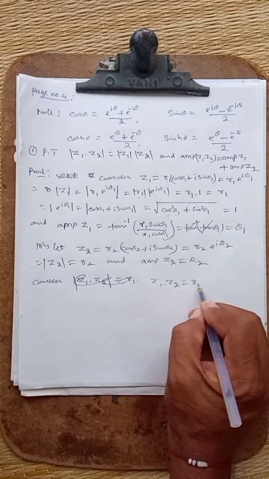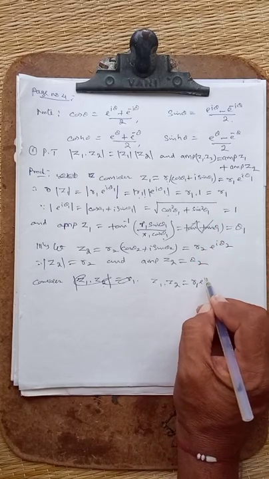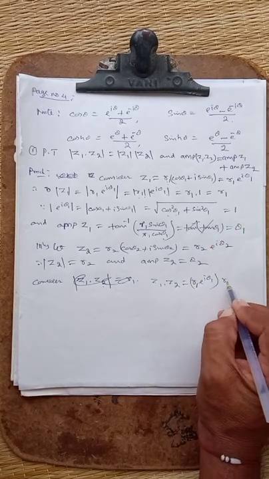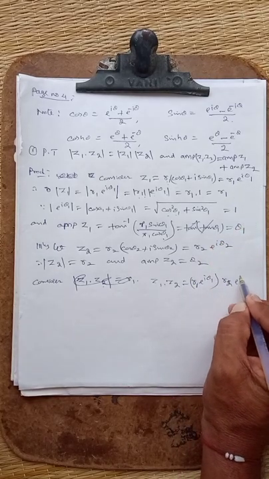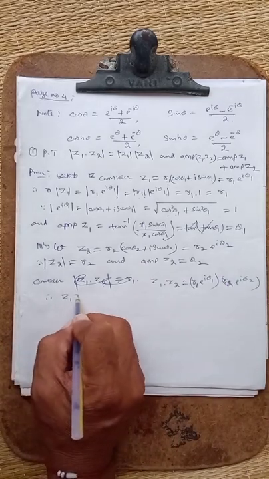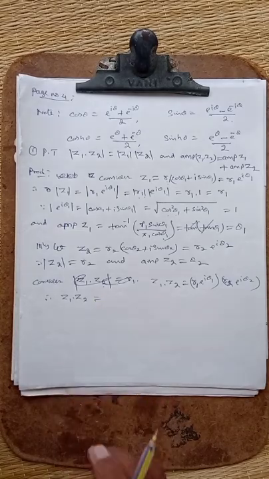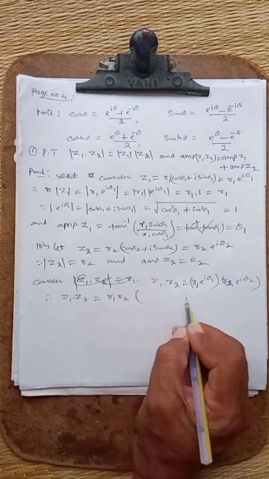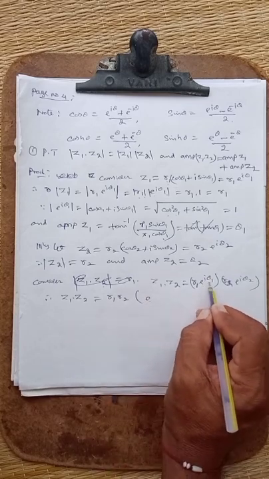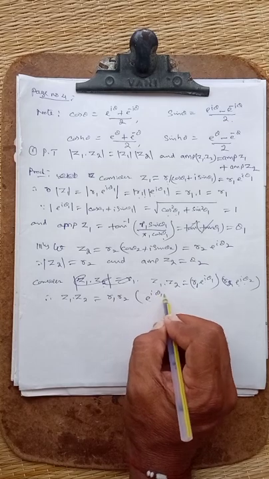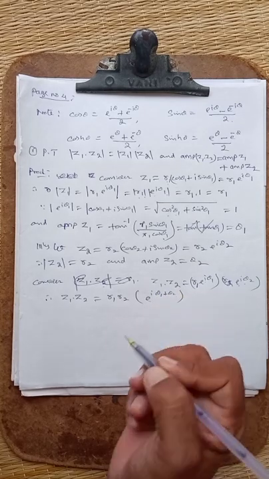Z1 is r1 e to the power of i theta 1 into z2, which is r2 e to the power of i theta 2. So therefore z1 into z2 equals r1 r2 into e to the power of i theta 1 into e to the power of i theta 2, which is e to the power of i into theta 1 plus theta 2.